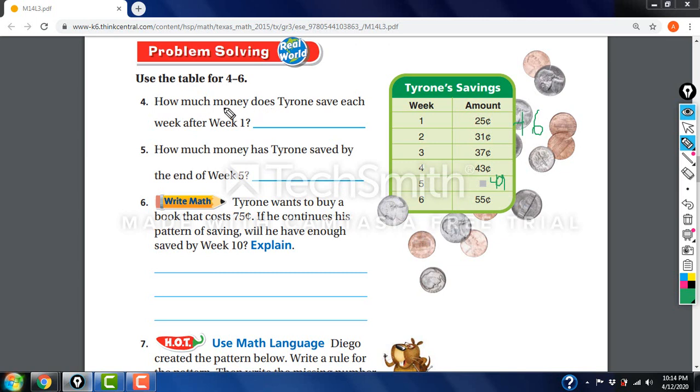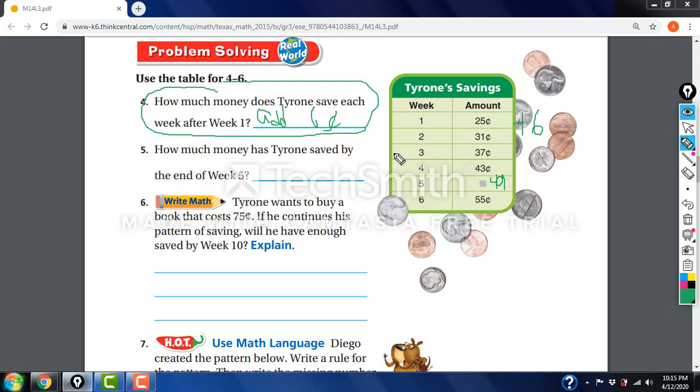How much money does Tyrone save each week after week 1? Yes, very good. He's adding 6 cents, $0.06.